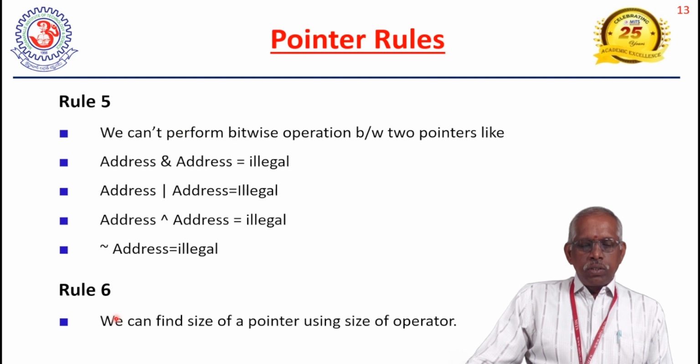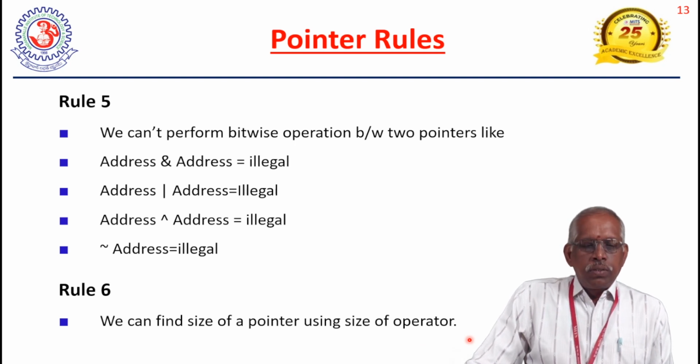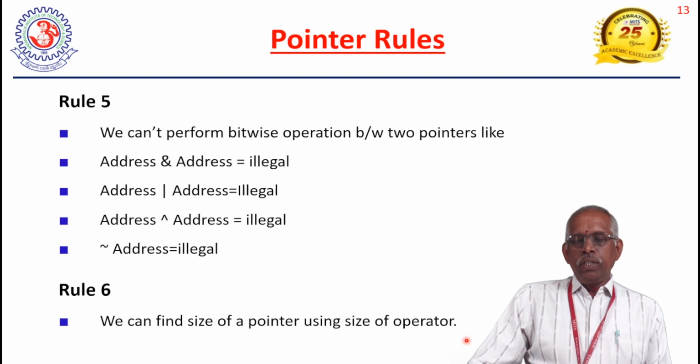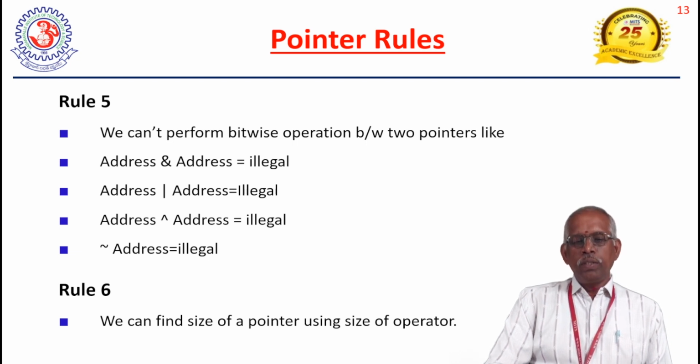And finally, rule 6, we can find the size of a pointer using the sizeof operator. That we have already seen in rule 3, right? By subtracting two addresses, we get the number of locations so that we can identify how many elements are there in the memory in our process. So these are the rules we should follow while applying pointers.